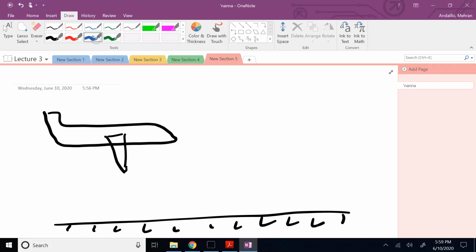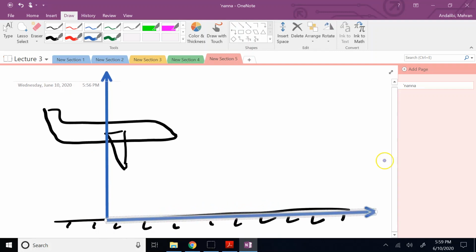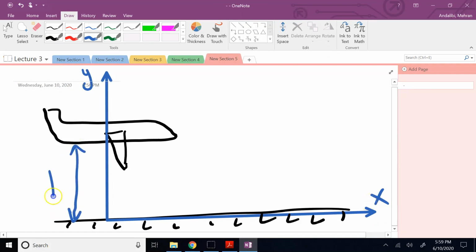So for simplicity, I assume the origin is right below the airplane when it is going to release the parcel, or the marker in this case. So I put my coordinate system here. This initial height is h. This is our box or marker or whatever.